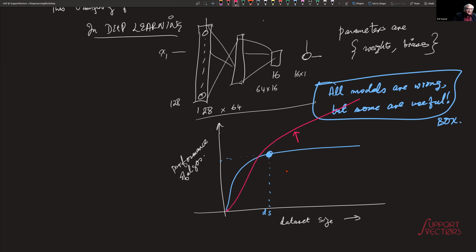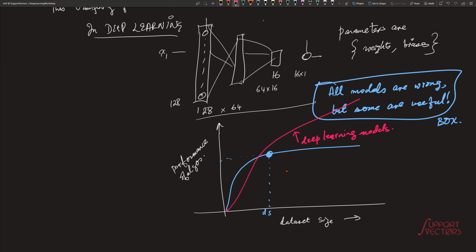The performance keeps getting better and better for deep learning models. So if you are blessed with a lot of data, deep learning models tend to outperform other models. Why? Simply because they are tremendously complex. There are a lot of parameters, weights and biases that you can fiddle around with.